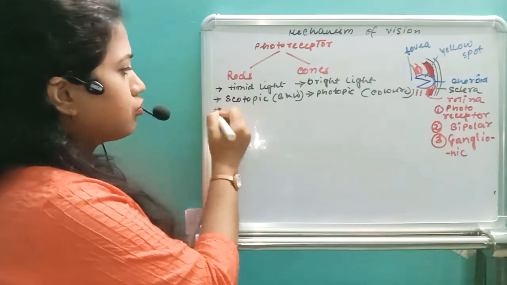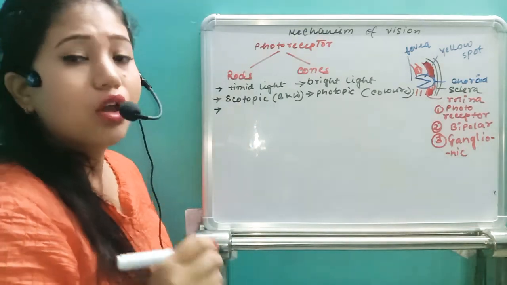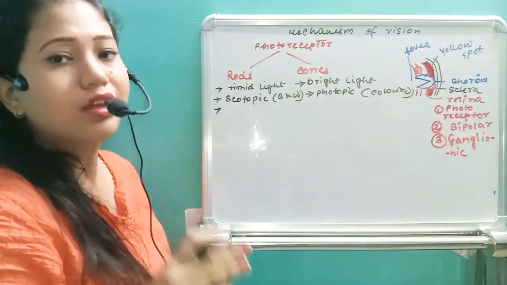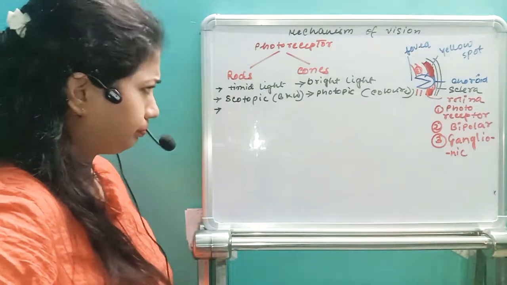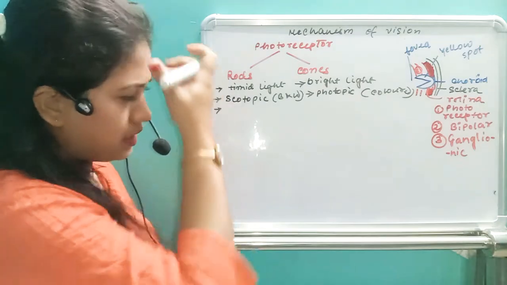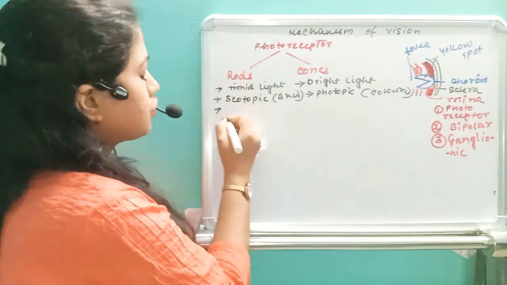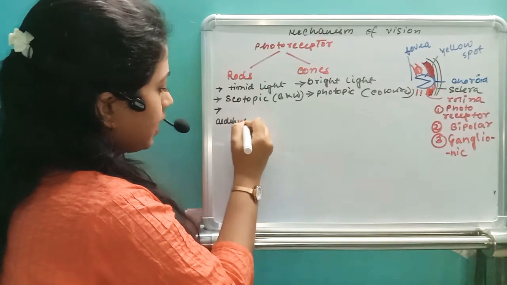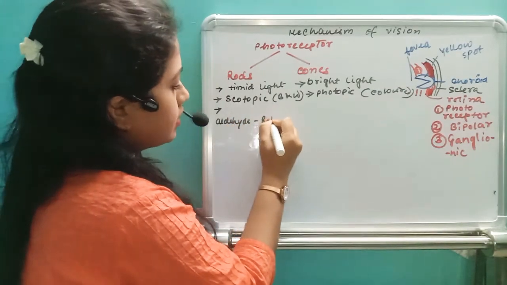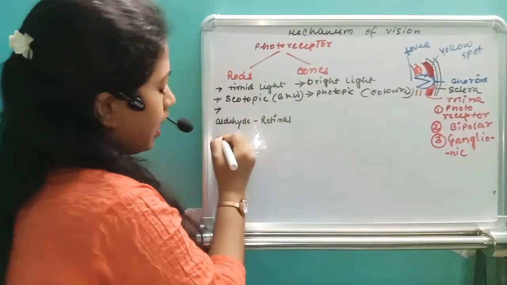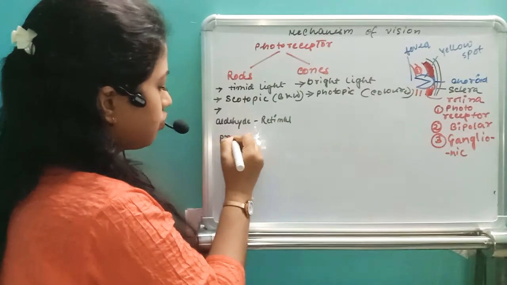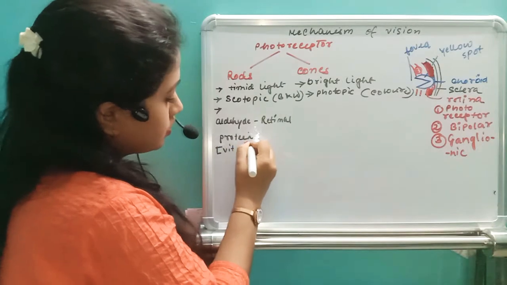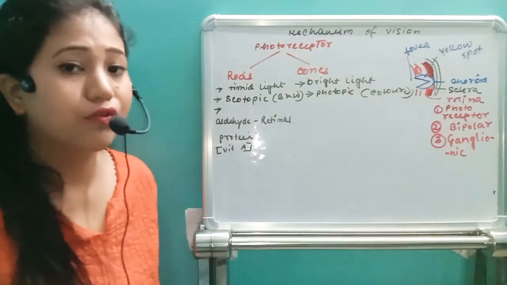Then the third point, you need to know that in the rods we are going to have two components. The cell is going to have two pigments. We'll see what they are. First of all, it's going to have one aldehyde. So what is that aldehyde? That is retinal. And here it is going to have one protein also, which is a processed vitamin A. So that's why it is said that vitamin A is good for your eye.